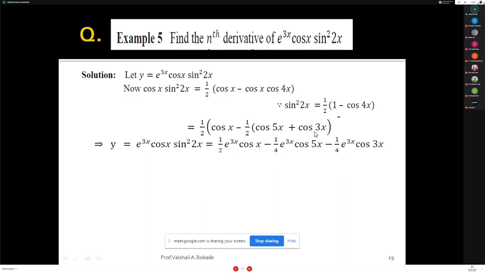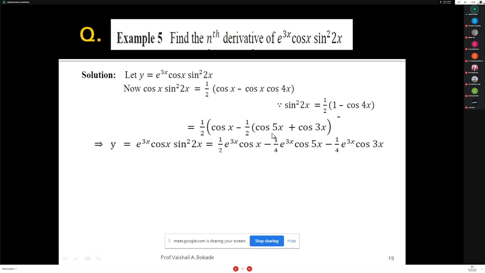We know that cos of minus theta is cos theta. So we started with cos x into sine square 2x, and we are getting 1 by 2 cos x minus 1 by 4 cos 5x minus 1 by 2 cos 3x.